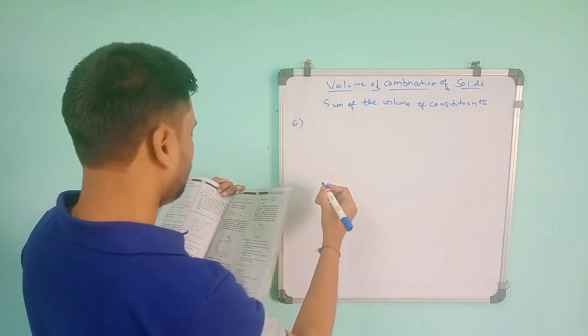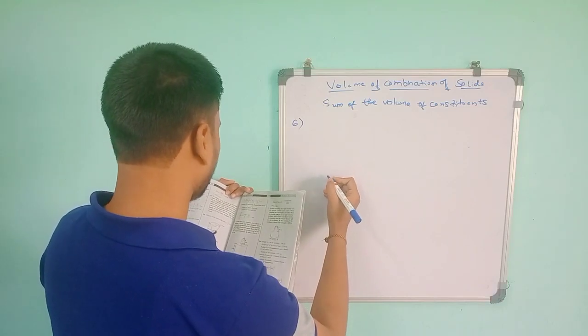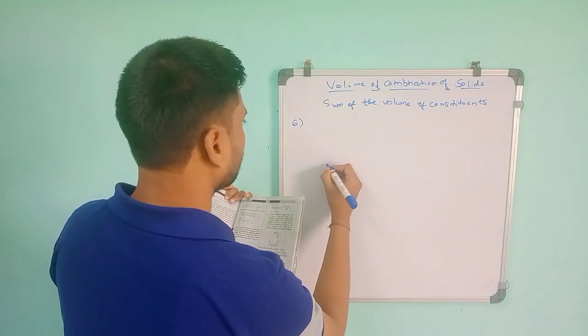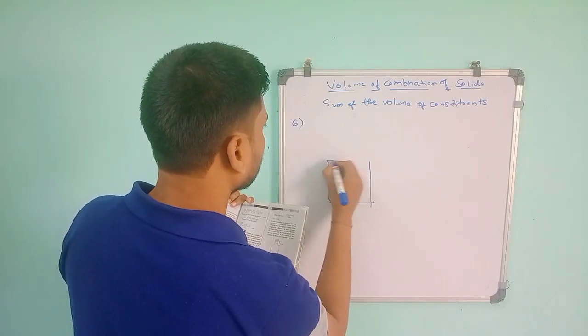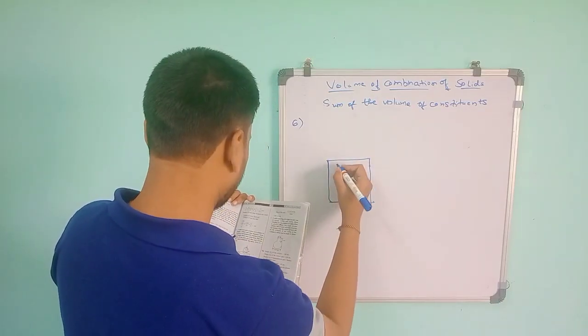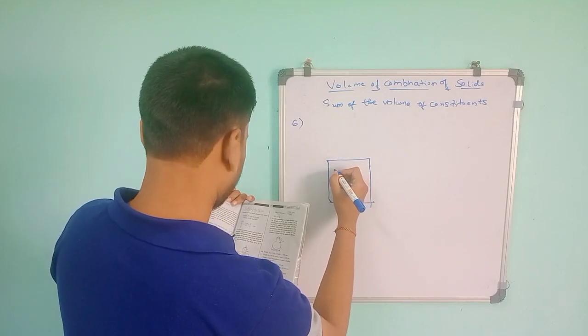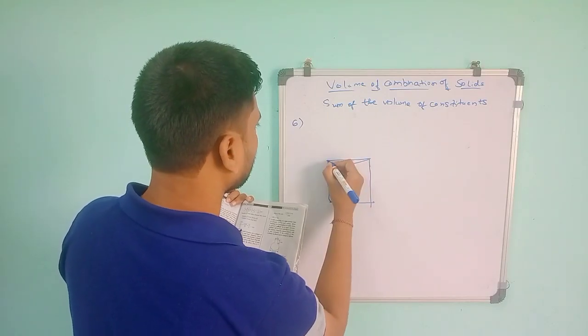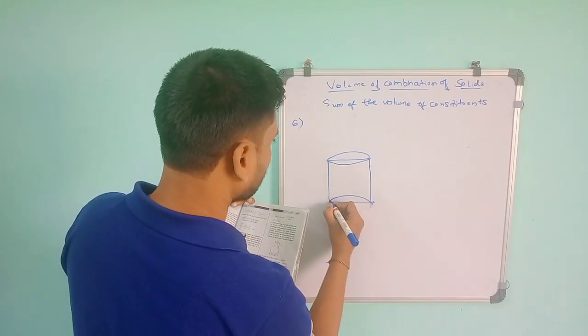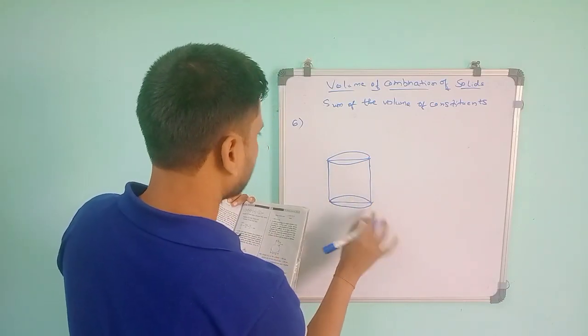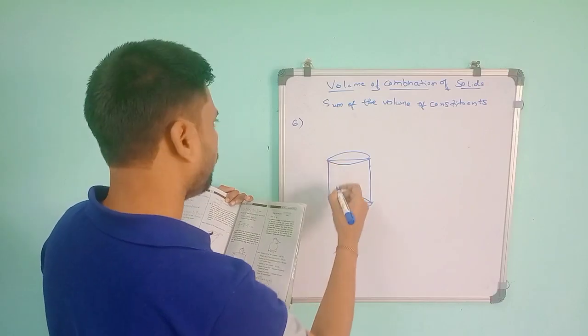So the given solid iron pole consists of a cylinder. This is the cylinder, and it is surrounded by another cylinder.